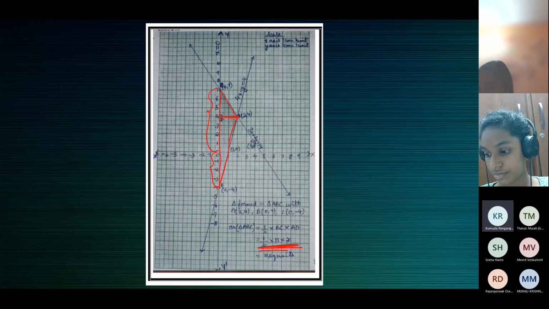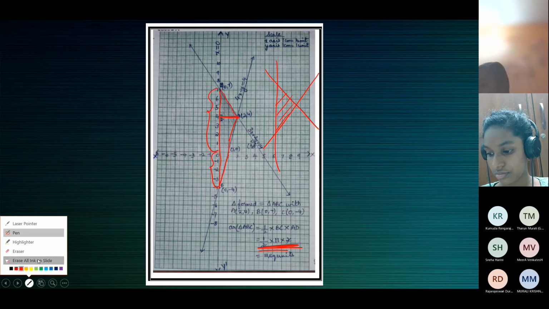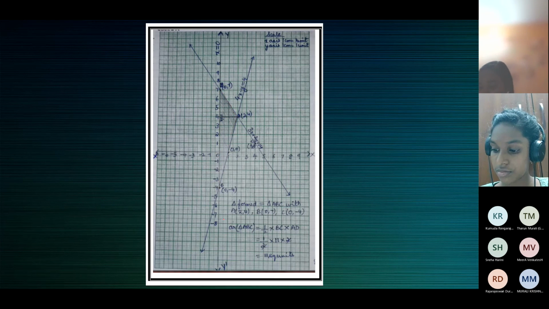The two lines and the y-axis. So this is the triangle. I'll zoom in.